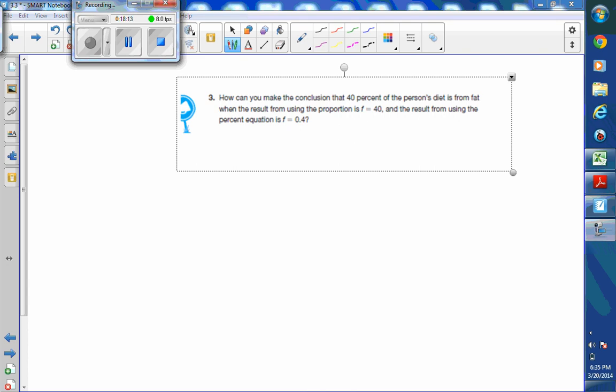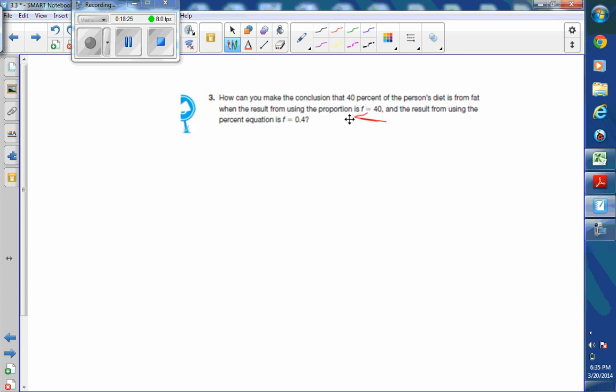So number 3, how can you make the conclusion that 40% of the person's diet is from fat when the result from using the proportion is F equals 40, and the result using the percent equation is F equals 0.4? I already mentioned this before when I was explaining. So think about the fraction form versus the decimals used, and write a sentence here as your explanation, and we'll talk about it.